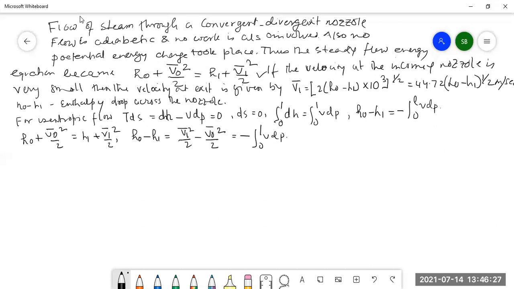Now, the pressure and volume of the steam during the expansion obey the law P V to the power n equal to constant.